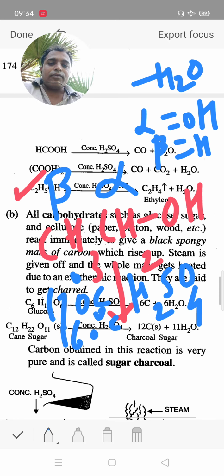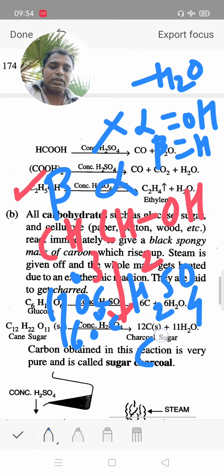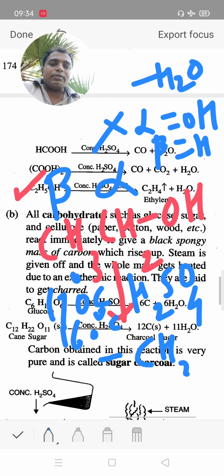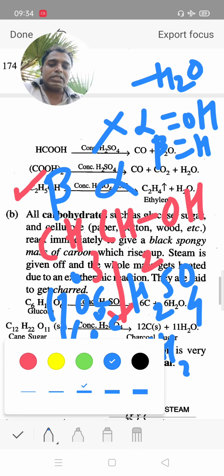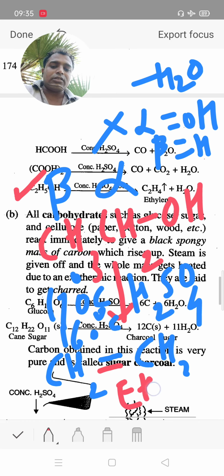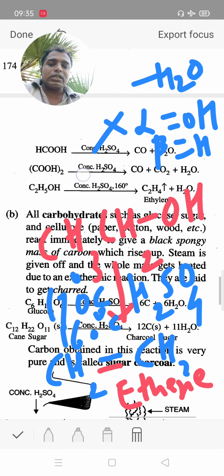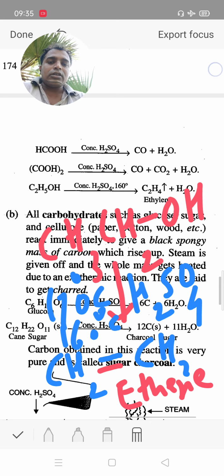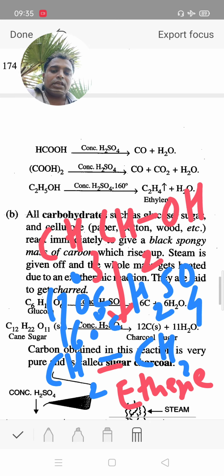The alpha carbon losing the OH group gives CH2, then a single bond, and the beta carbon losing hydrogen gives CH2. Now the valency of carbon is 4, so the single bond converts into a double bond. We get an alkene with 2 carbons, its name is ethene. When alcohol reacts with sulfuric acid, with loss of water molecule, it gives ethene, CH2 double bond CH2.